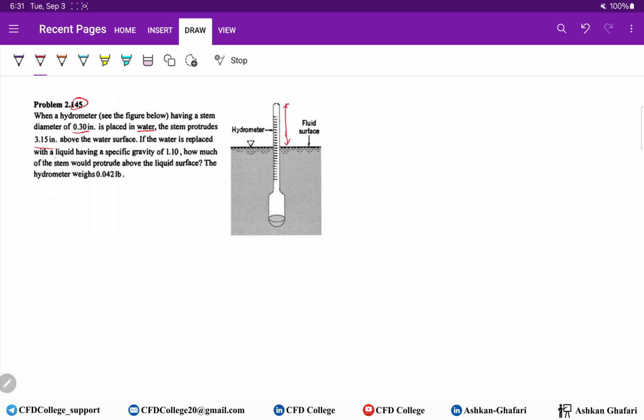If water is replaced with a liquid having a specific gravity of 1.1, so Sg of the liquid is 1.1, meaning that gamma of this liquid, for example gamma L, equals 1.1 gamma of water. How much of the stem would protrude above the liquid surface? The hydrometer weighs 0.042 pounds.